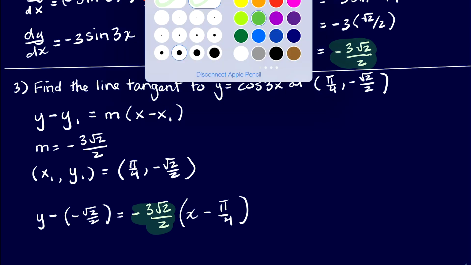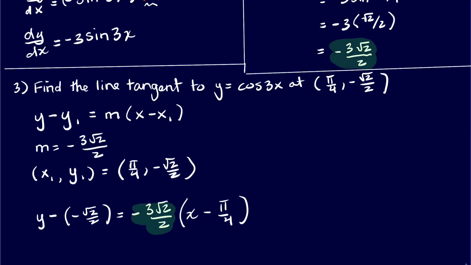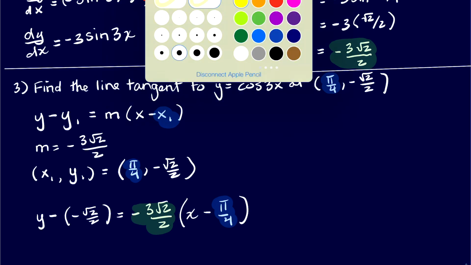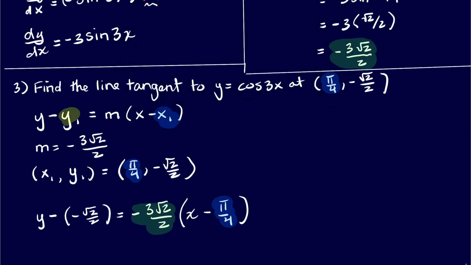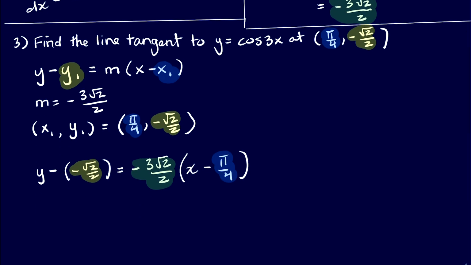And then in for our x1, we plugged in pi over 4. And then in for our y value, we plugged in our y1 value, negative root 2 over 2. Groovy? All right, so let's clean it up.